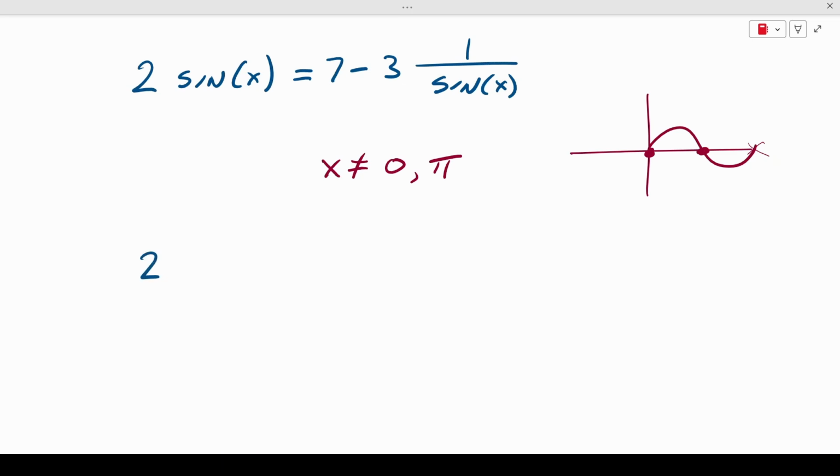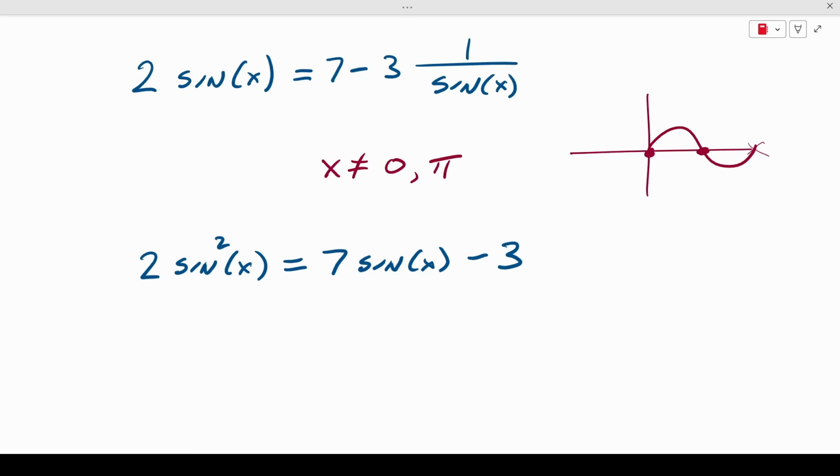If I multiply the left-hand side by sine of x, I get 2 sine of x squared. If I multiply the right-hand side by sine of x, I have to multiply every term by sine of x, so I get 7 sine of x. And the last one, when I multiply by sine of x, that just becomes 1 times 3. So there we are. That looks fine.